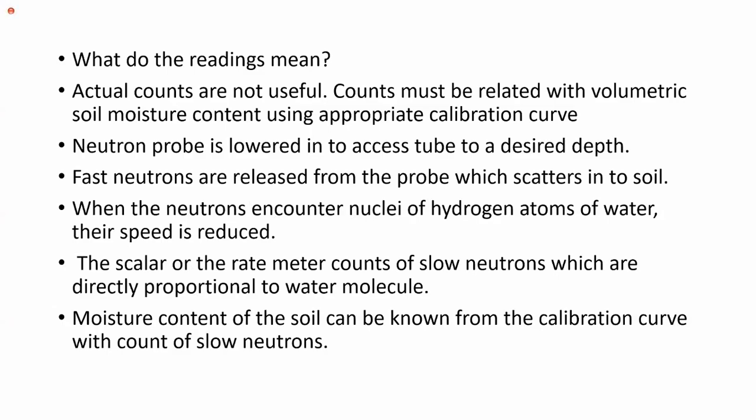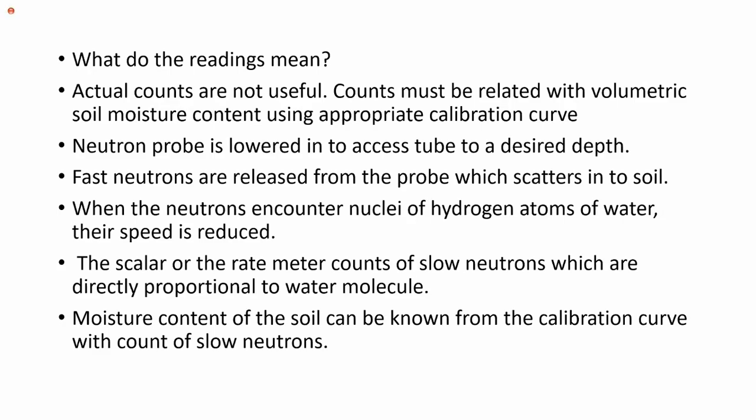In this neutron probe, as I have already told, there is a radioactive element which will emit fast moving neutrons. When the neutrons encounter the nuclei of hydrogen atoms of water, their speed is reduced, and the scalar or rate meter counts the slow neutrons, which are directly proportional to the water molecules.